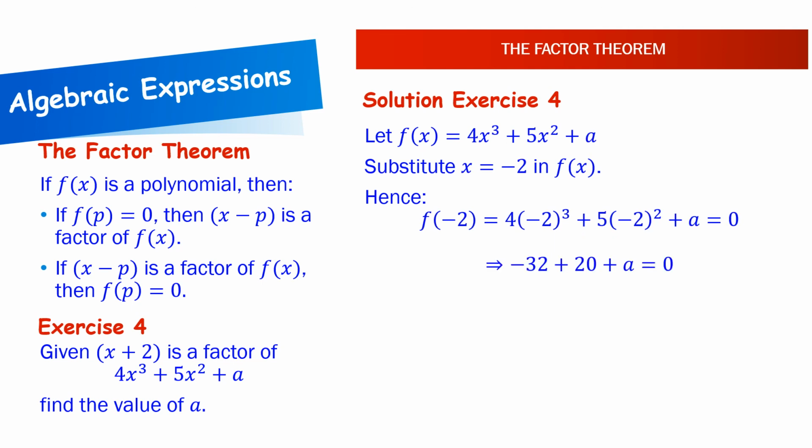Rearranging and tidying up gives us minus 32 plus 20 plus a equals 0, which gives us a equals 12.